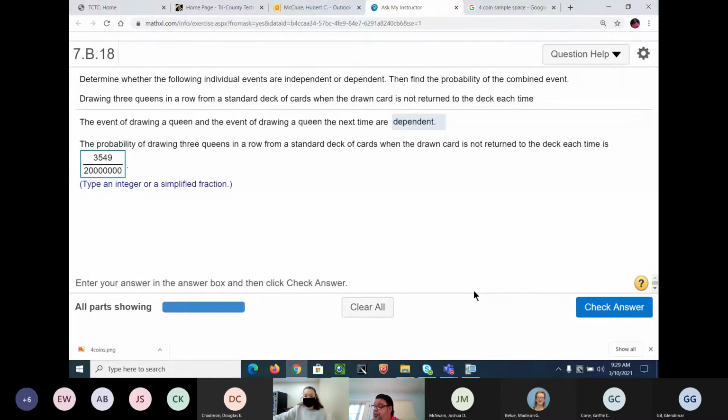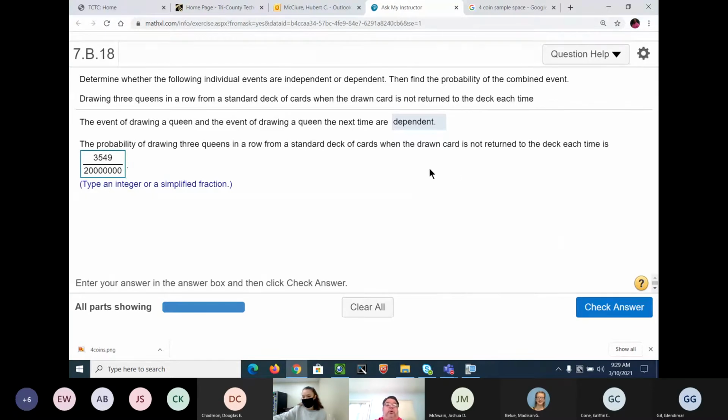With replacement is independent. Without replacement is dependent. Of course, I went over this fast because nobody said anything or asked any questions, so I just assumed everybody knew it. So that's why I just went on by it.